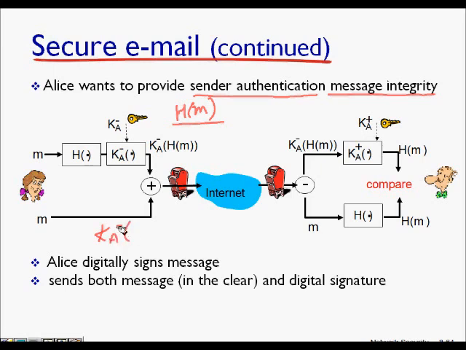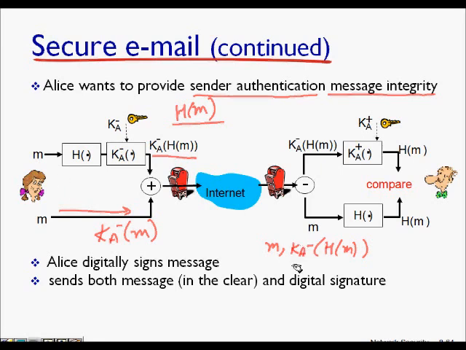So Ka minus, she encrypts this H of M, and she also sends the message. So Bob receives M and Ka minus H of M. This was the private key of Alice.